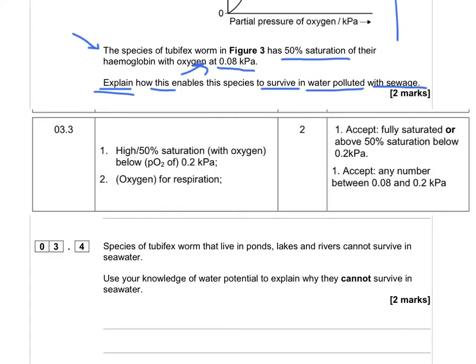So as you can see, there is 50% saturation with oxygen below 0.2 kPa. So the tubifex can operate between 0.08 and 0.2 kPa. And why is that important? Well, oxygen is needed for respiration, so that will allow it to survive.